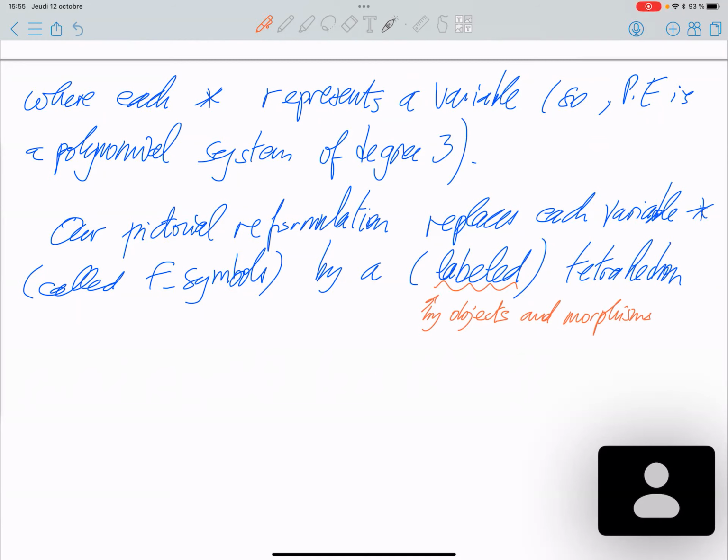So by objects and morphisms of the hypothetical fusion category. So it may not exist. If it does not exist, then we will get a system without solution.